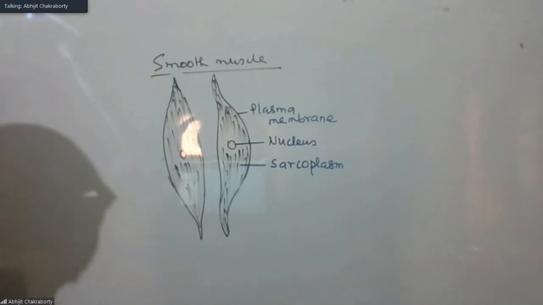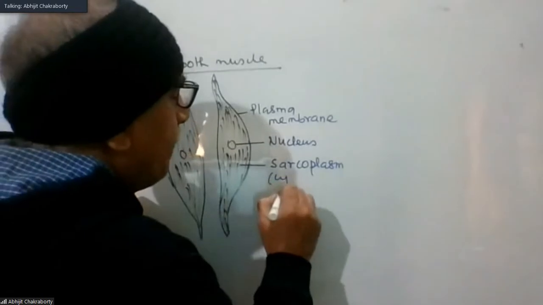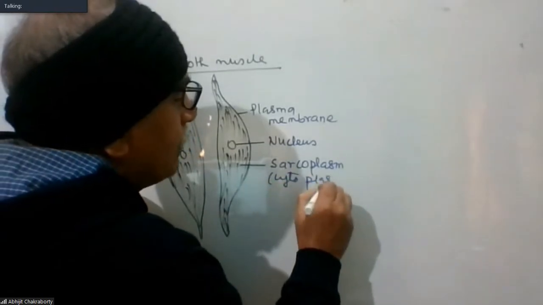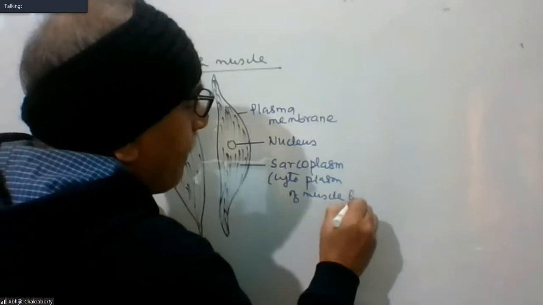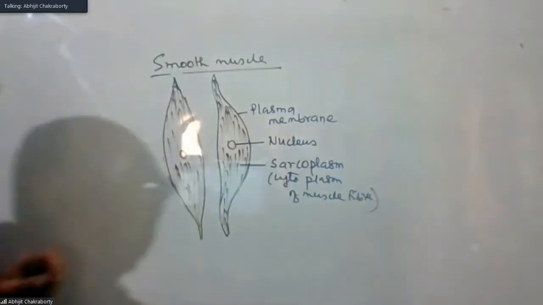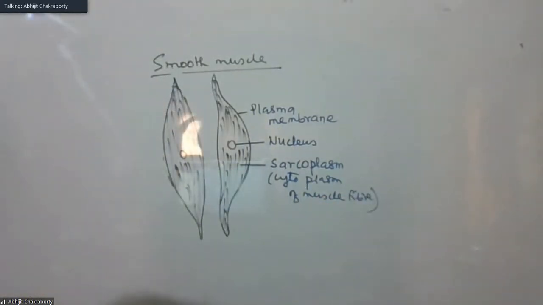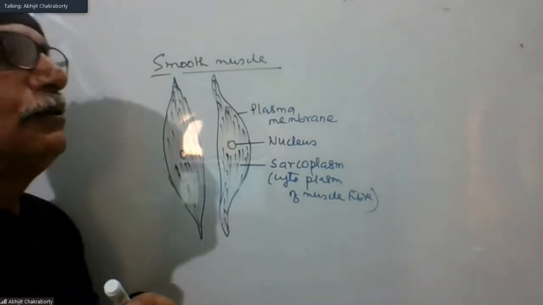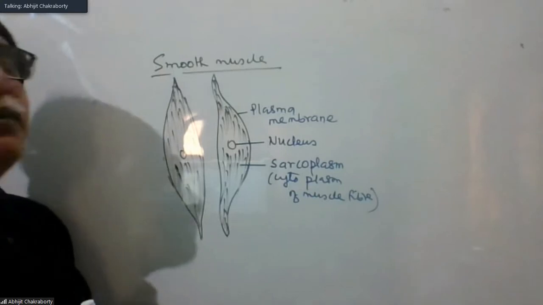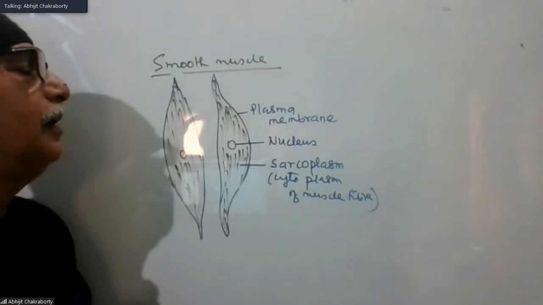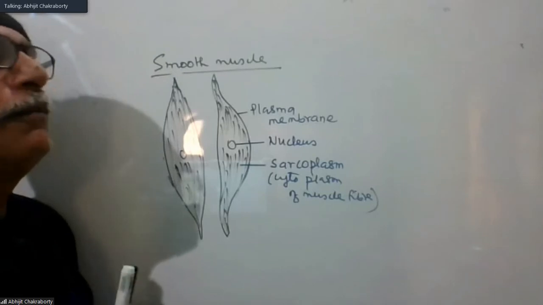The cytoplasm of the muscle cell is called sarcoplasm. The main function of smooth muscle is to help in the movement of visceral organs.